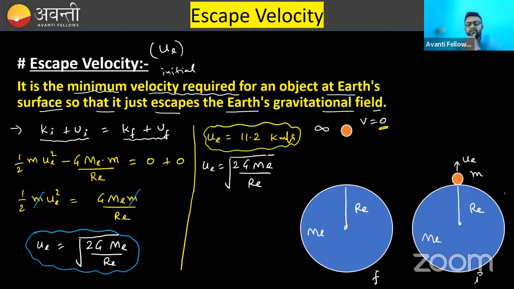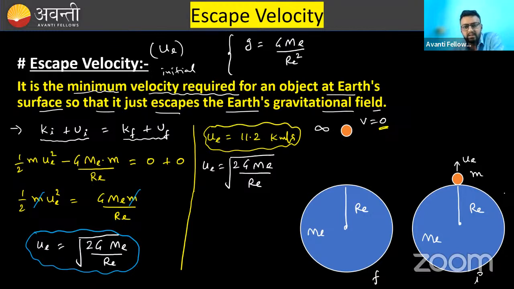Now, this is the actual relation. Now, what if I say you know the relation, I think some of you might have remembered it: g is equal to G Me divided by Re square.